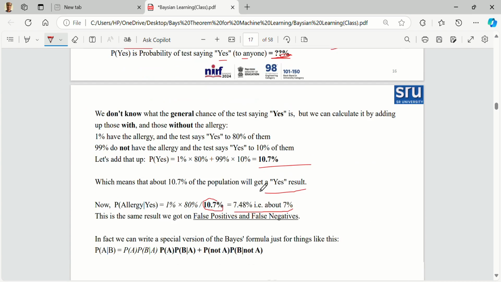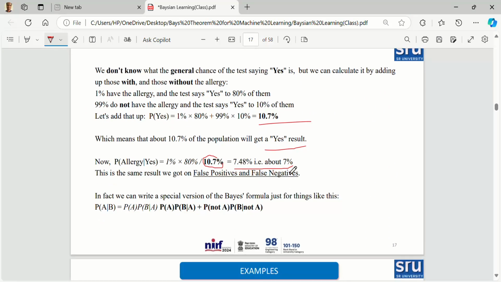So this is less than 10%, and you are getting the same result because it is below the 10%. So I consider this the result. So I am saying that this is about false positives and false negatives.